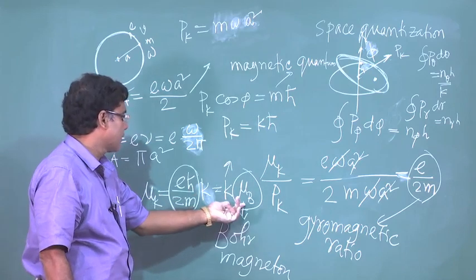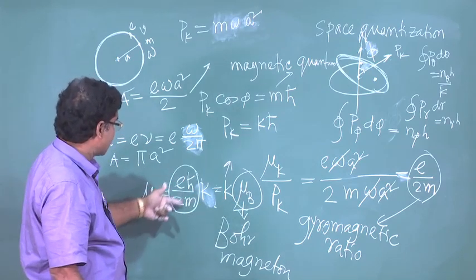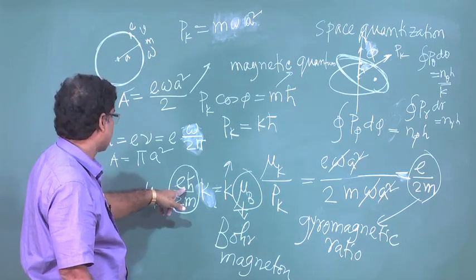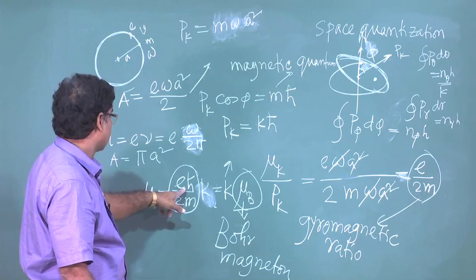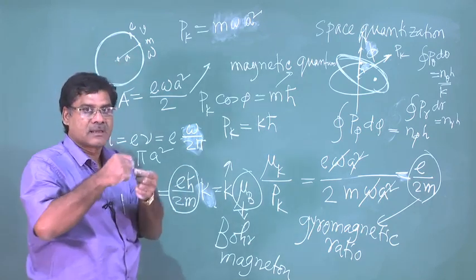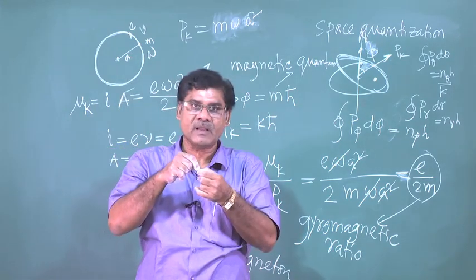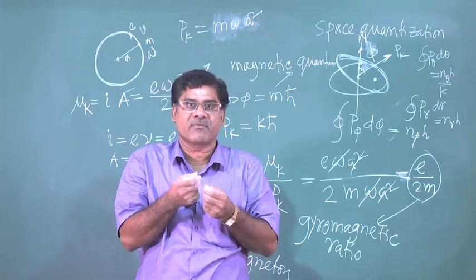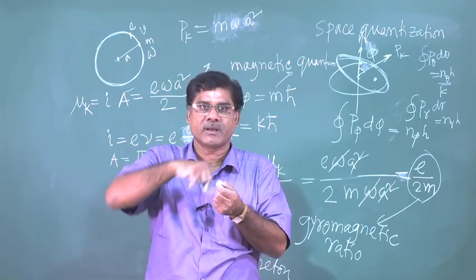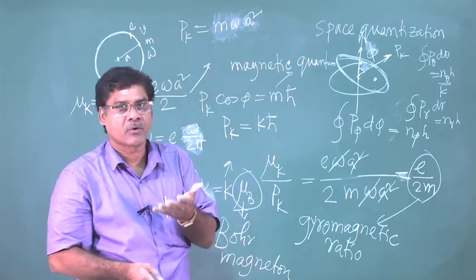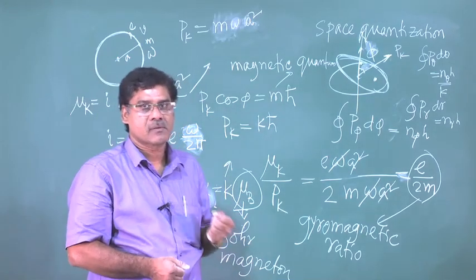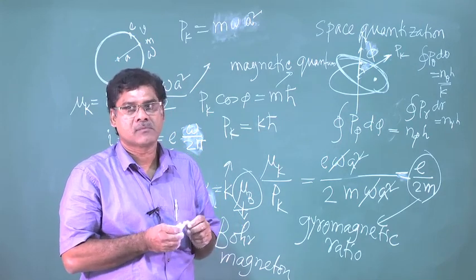Why is it called the Bohr magneton? Now, this e h cross by 2m is the moment of the electron in a hydrogen Bohr orbit. The Bohr orbit is always n equal to 1, and its radius is 0.51 angstrom.